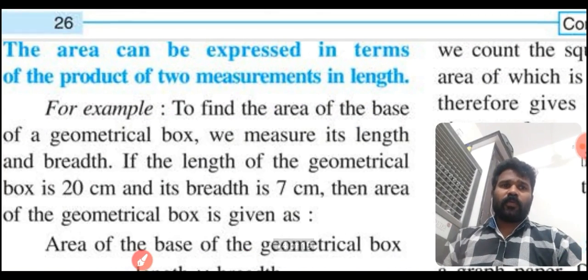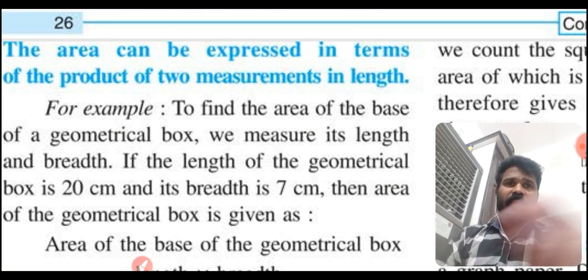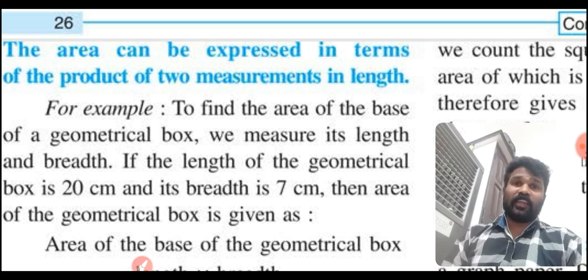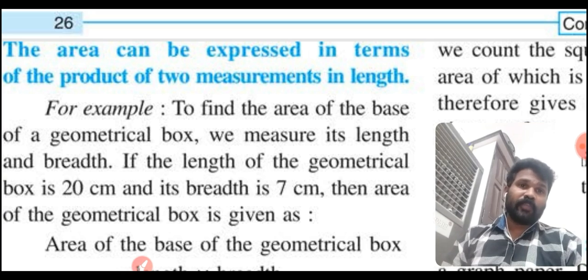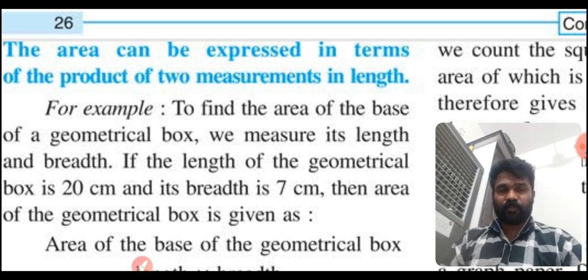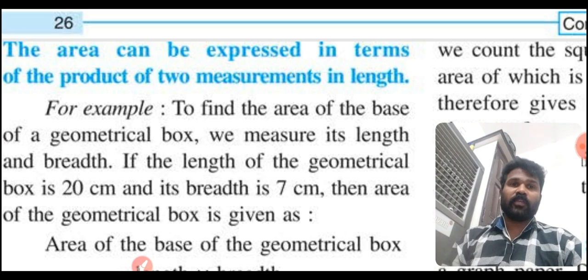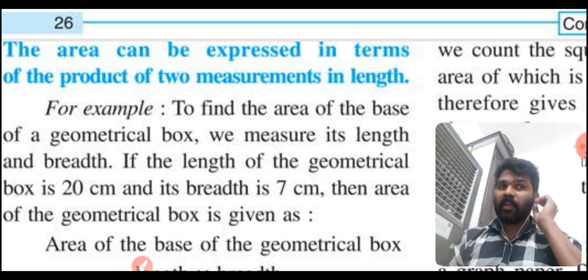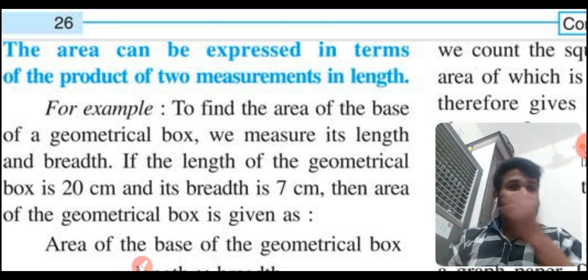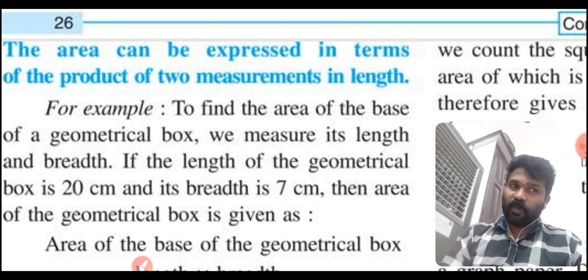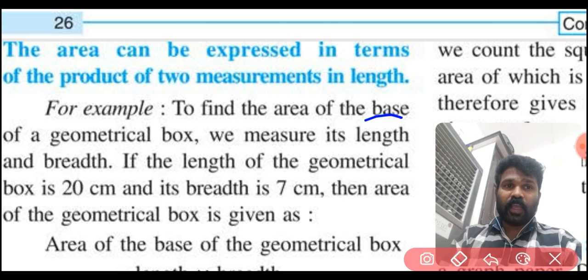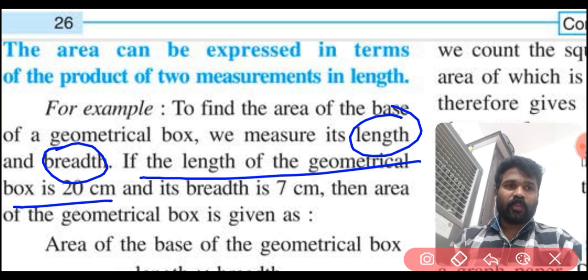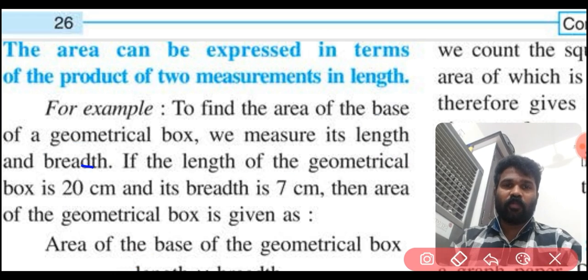Now, we will discuss how area can be expressed in terms of the product of 2 measurements in length. For example, suppose we have to find the area of the base of a geometrical box. Then what to do? First of all, we measure its length and breadth. Suppose the length of the geometrical box is 20 centimeter and its breadth is 7 centimeter.